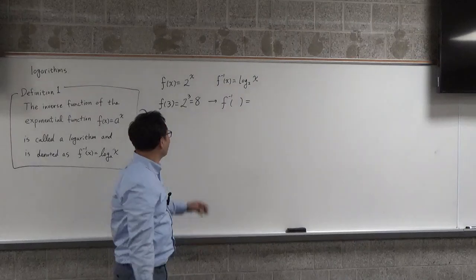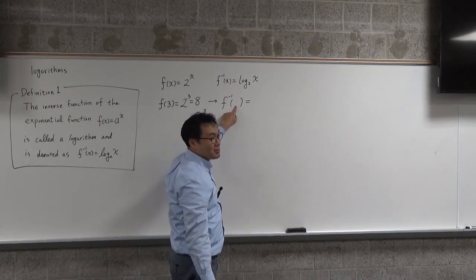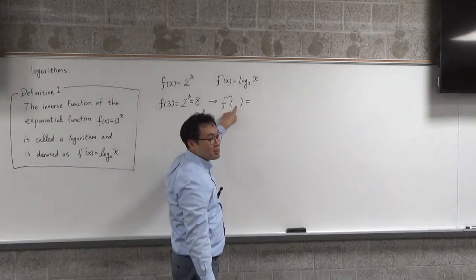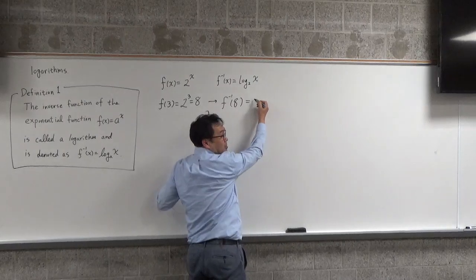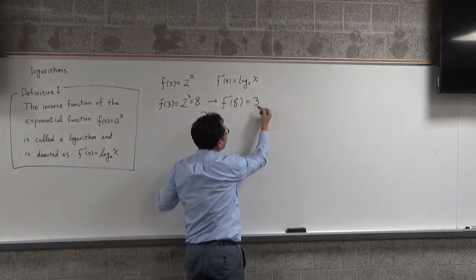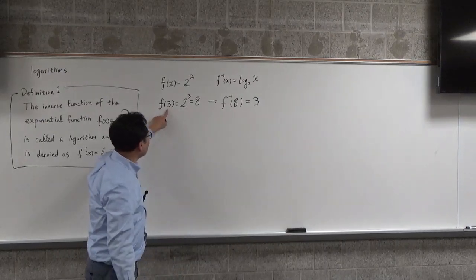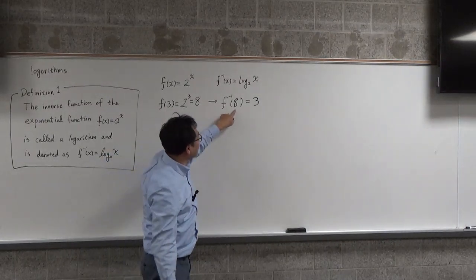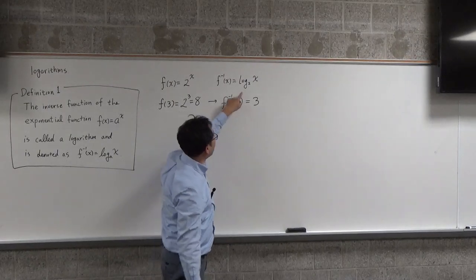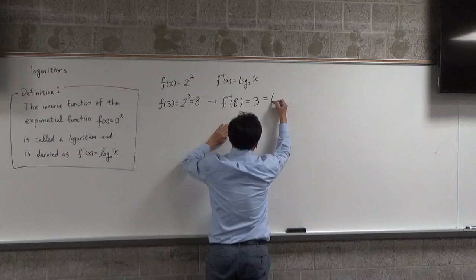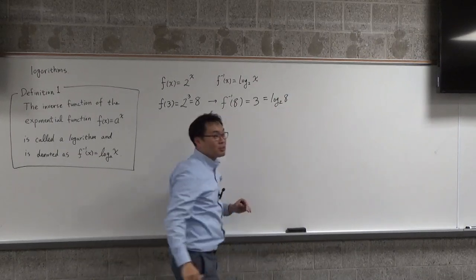No, this is chicken nuggets. So what do you put in here? You put in 8. If you put in 3 and you got 8, then you must put in 8 and you get 3. Well, what is f inverse of 8? That's log base 2 of 8, which is 3. That's how you think about it.